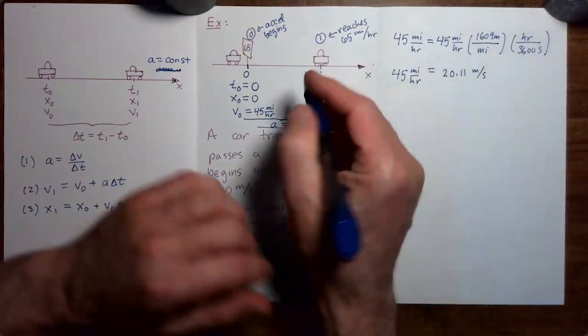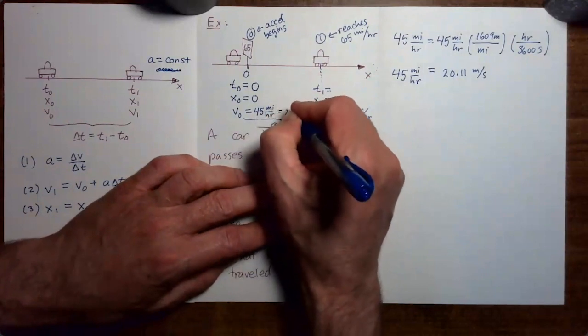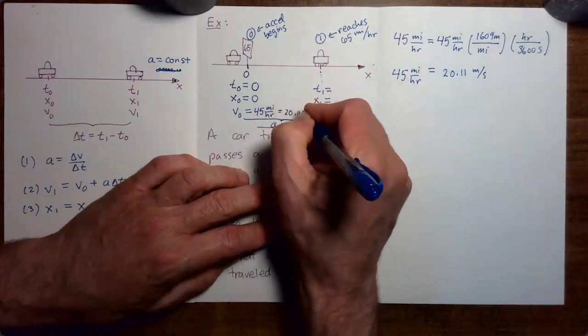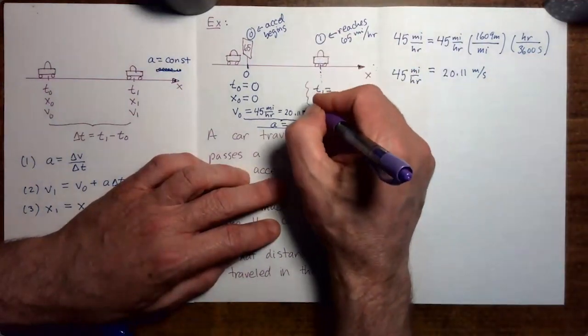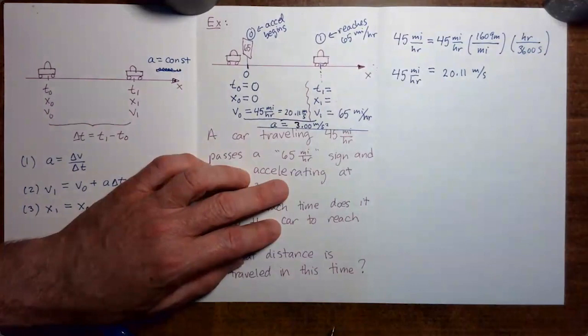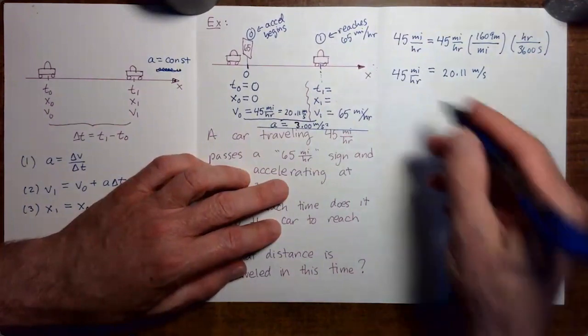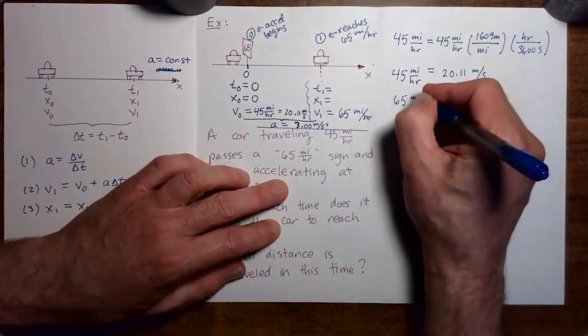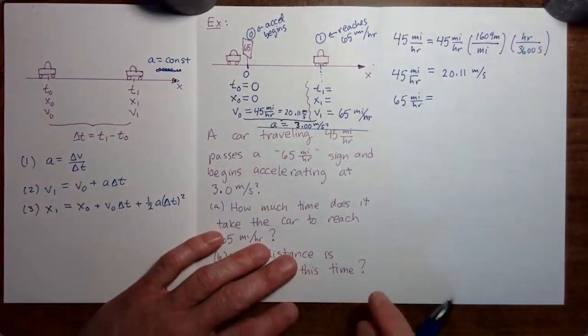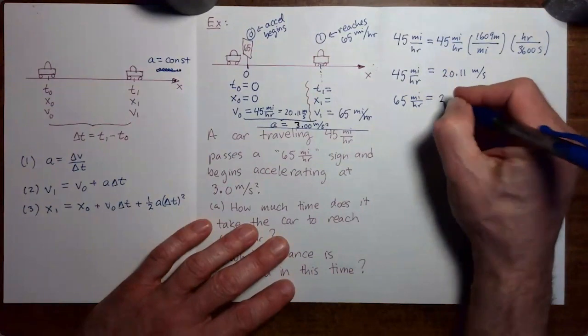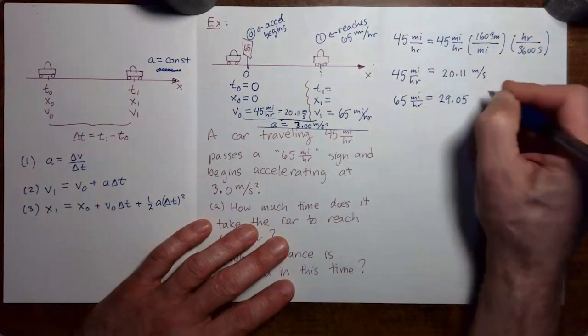So I'm going to take that and put that into the figure. Again, I seem to have made this figure a little crowded. And 65 miles per hour, I'm going to skip the conversion, but I'd encourage you to make sure that you know how to do this. That turns out to be 29.05 meters per second.